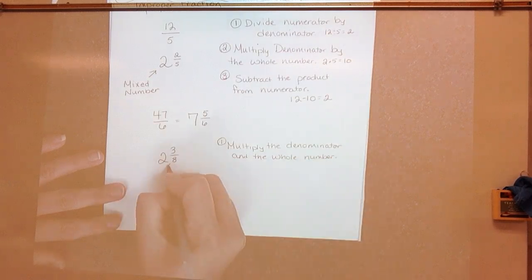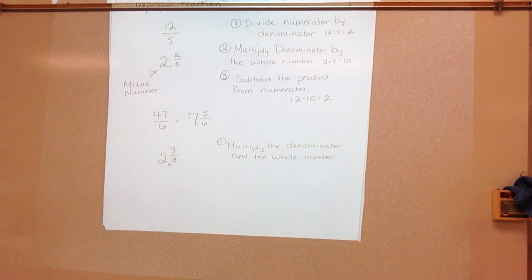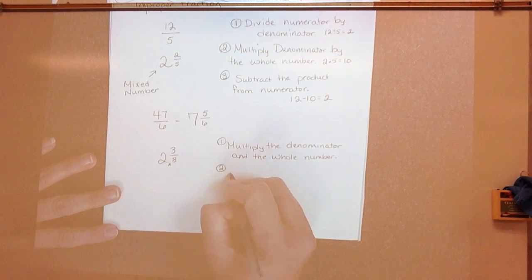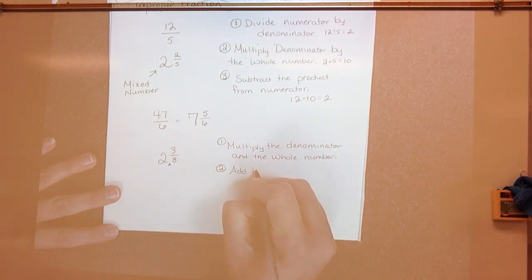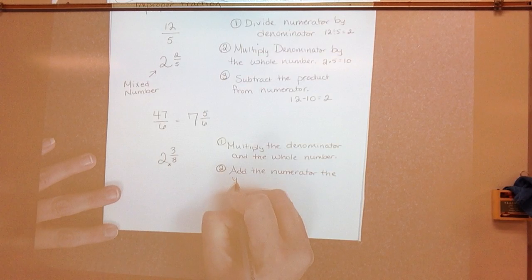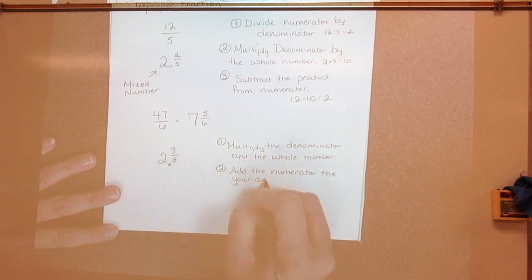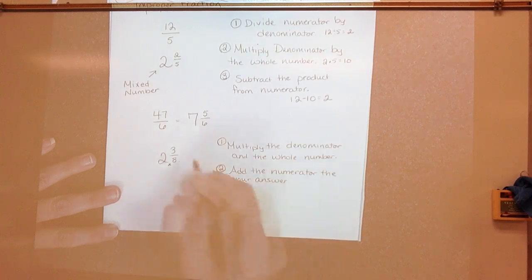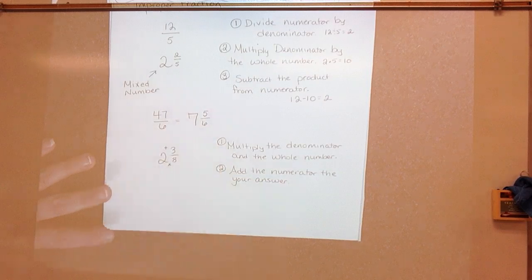So I'm going to multiply 8 times 2. Then I'm going to add the numerator to your answer. If you want to put those signs in there on your problem, you can do so.